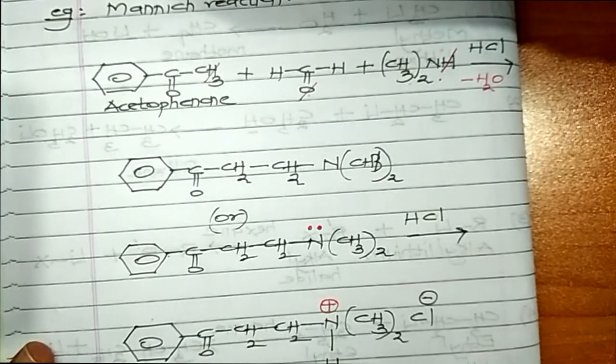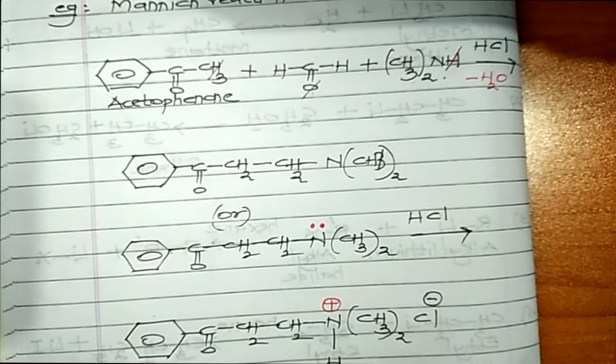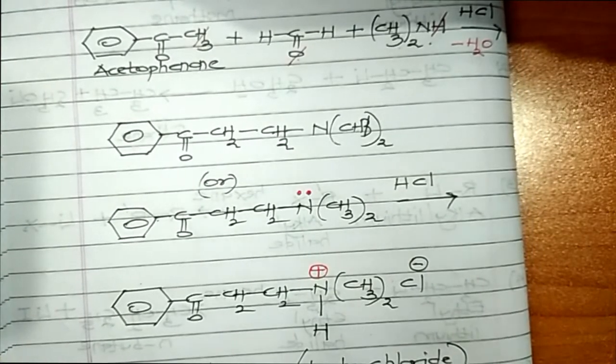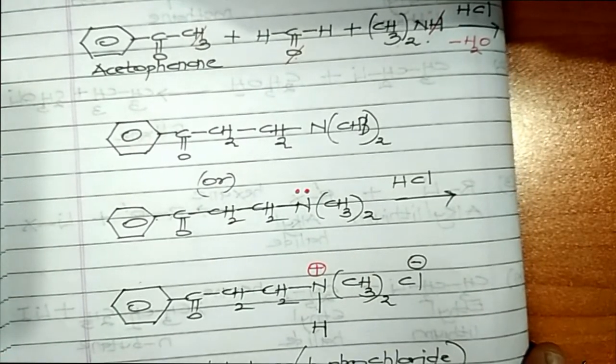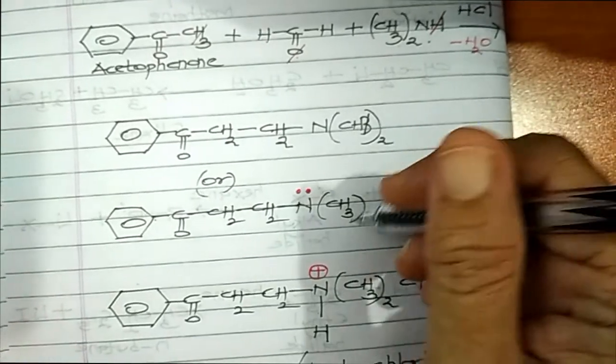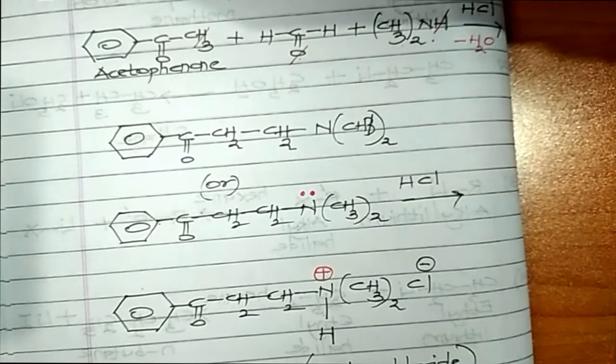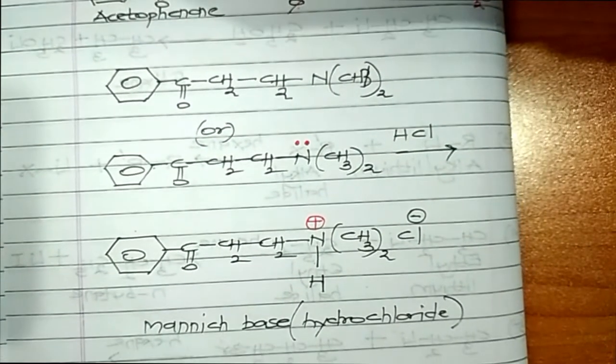How do you get the Mannich base? That's what I have explained to you, because many people don't understand suddenly how you get this. It's nothing but a reaction of the product and the hydrochloric acid in the medium to give you the Mannich base. And your Mannich base this time is nothing but a hydrochloride.